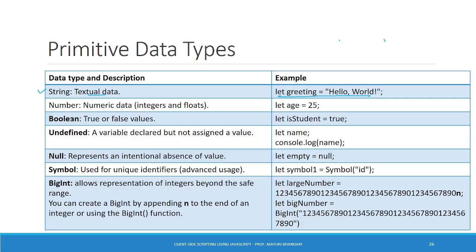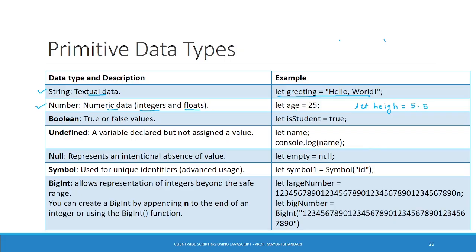Then the next data type is number. This is numeric data. It contains both integer and float. So let age is equal to 25 is also a number, and let height is equal to 5.5, this will also be a number.